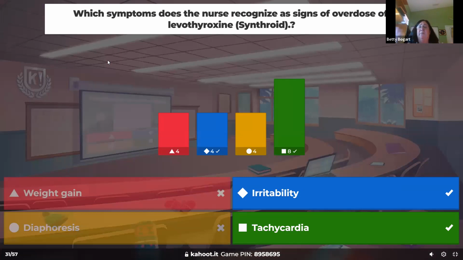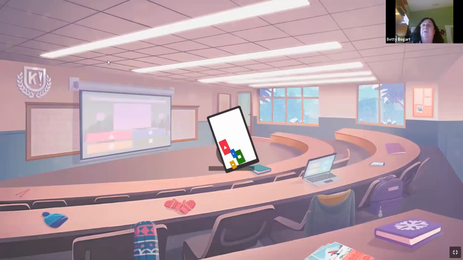Elevated heart rate, elevated blood pressure, irritability, diaphoresis, tachycardia, chest pain, difficulty breathing. It's just, I feel horrible. It's also called a thyroid storm. You'd have weight loss. Sometimes diaphoresis, but mostly that irritability, tachycardia, chest pain, and difficulty breathing.